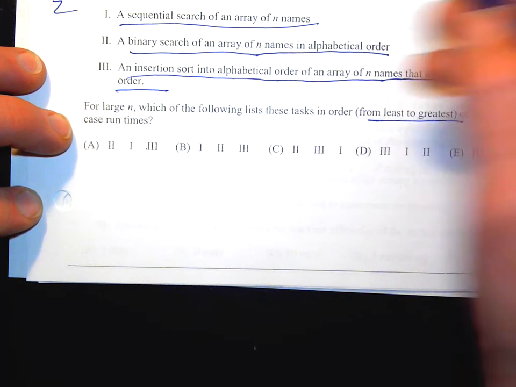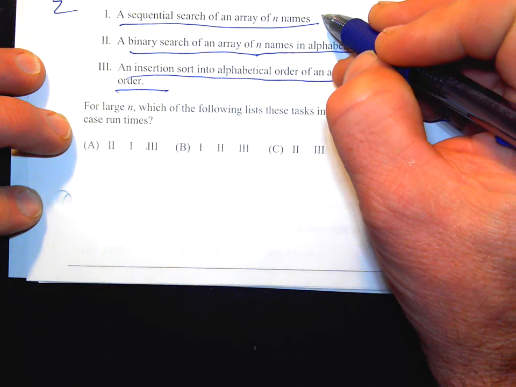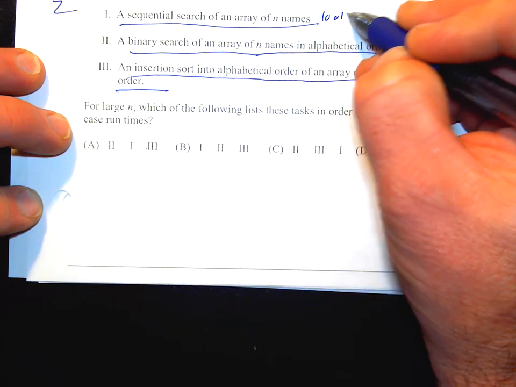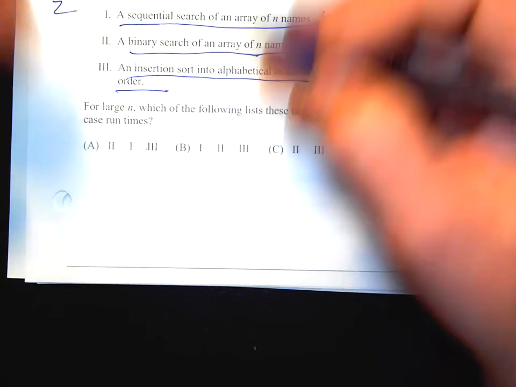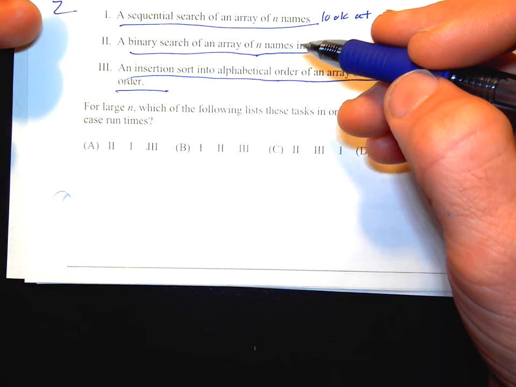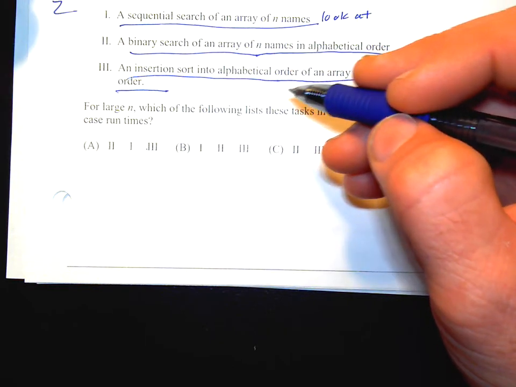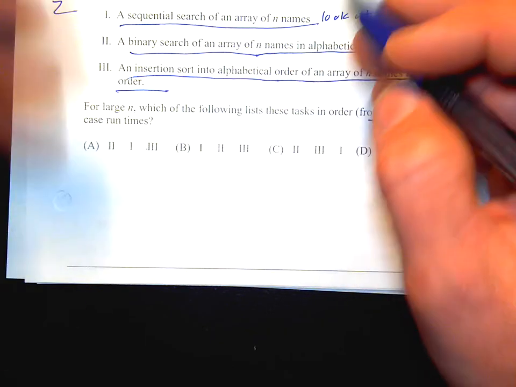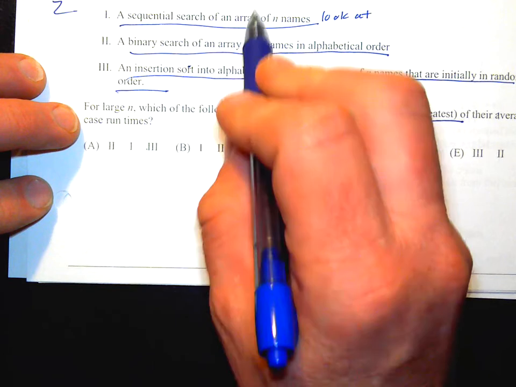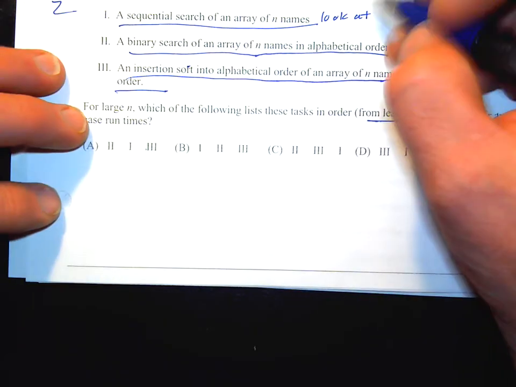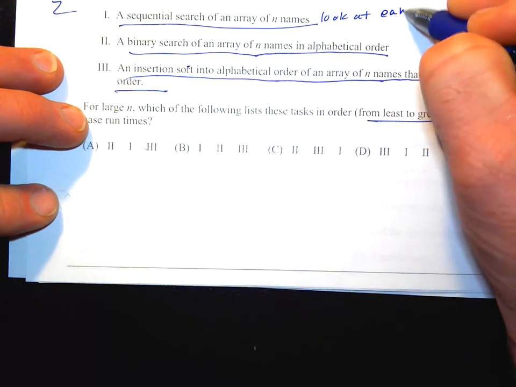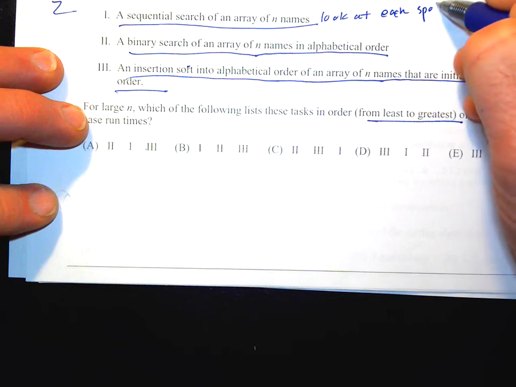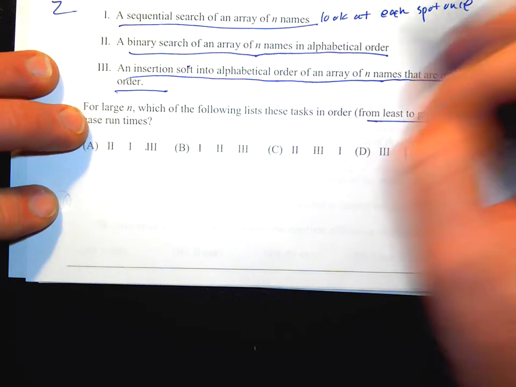Now these aren't even comparable jobs, by the way. Sorting is different than searching through it. So you have to look at each spot once, right? This is probably the best.